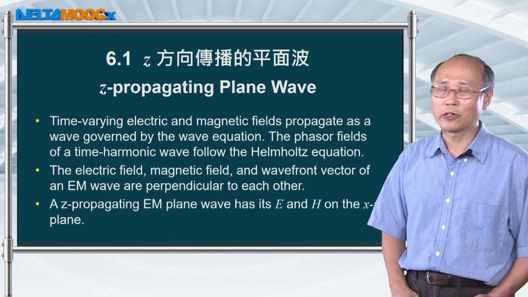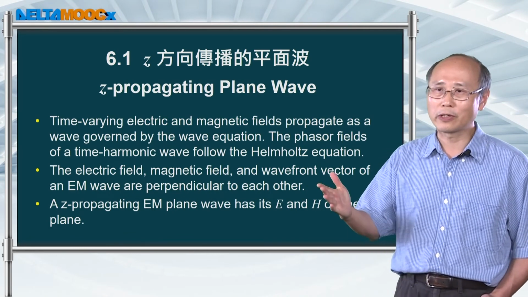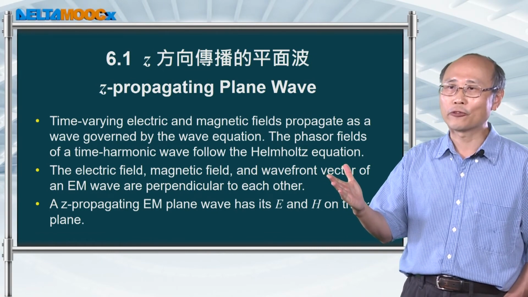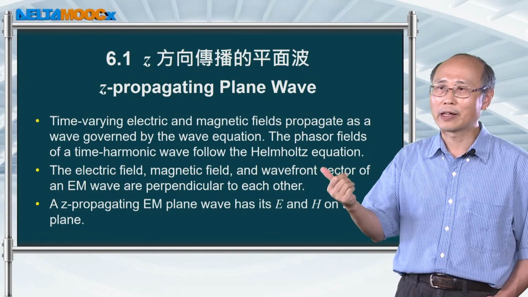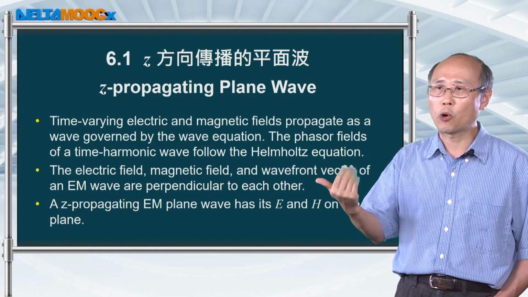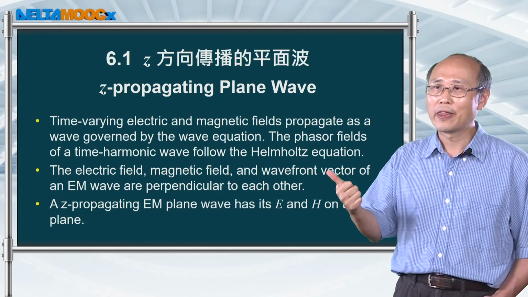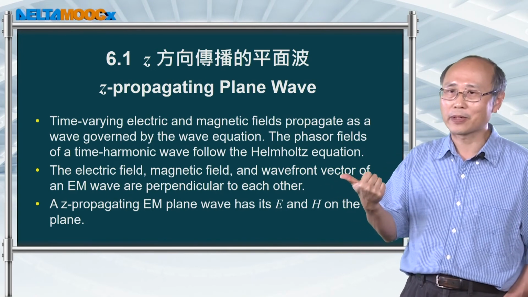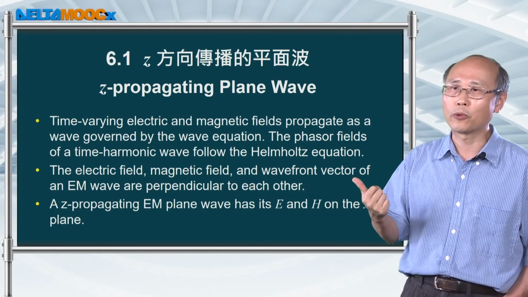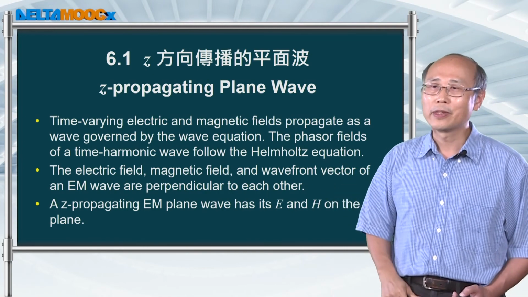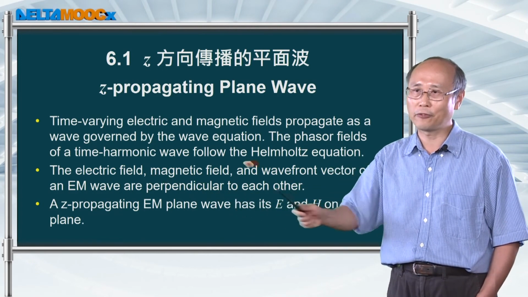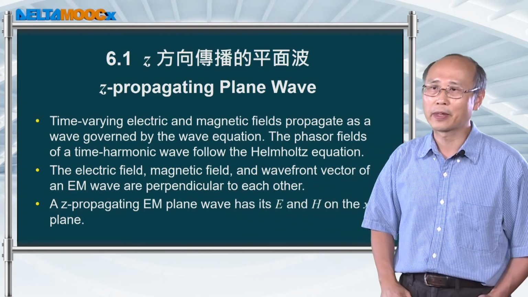And for example, if you just point the four fingers of your right hand to the electric field direction and rotate it toward the magnetic field direction, then the direction of your thumb is going to be along the wavefront propagation direction. So this is one way you can figure out the directional relationship among the electric field, magnetic field, and also the k vector.